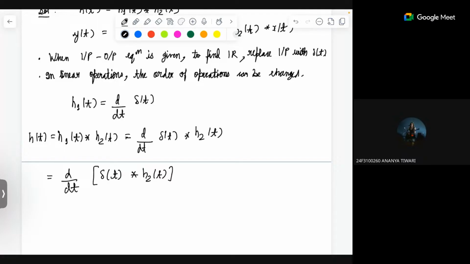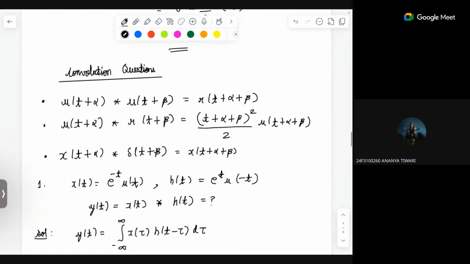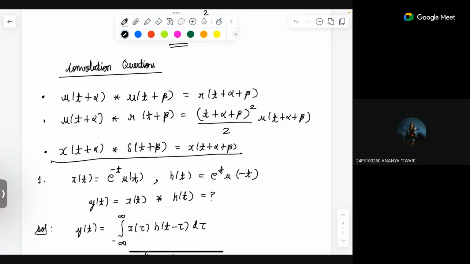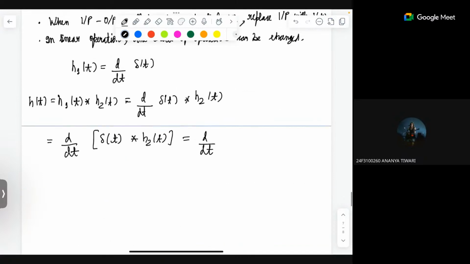So if I convolve h2(t) with delta(t), what will I get? Let us go back to where we started. Yes, this. If I convolve any signal with delta(t), I will get it back and these delays will be added. So we will use the same thing here. So delta(t) convolved with h2(t) will become h2(t) only.